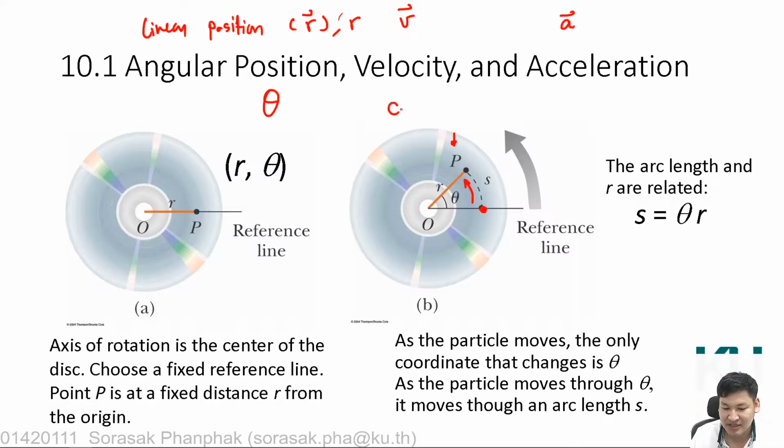Maybe this is a CD, and we define theta as the angular position. How about the angular velocity? Rather than v, we define omega as the angular velocity. And for acceleration, we define alpha as the angular acceleration.